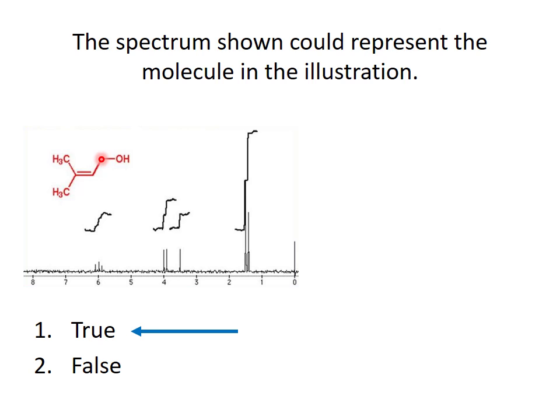Then if we look at the two hydrogens here, they're going to be farther upfield, but they're going to be split into a doublet because there's one hydrogen here. So something with an integration of two, like this, could be a doublet, yes. And what is this last peak right here? Well, that's probably your OH proton.